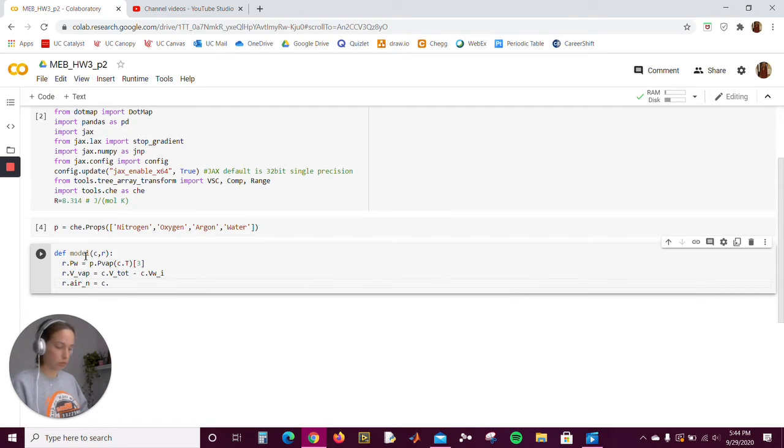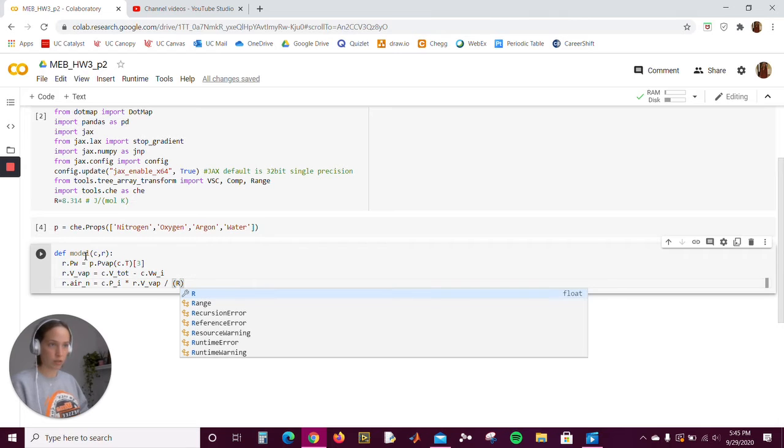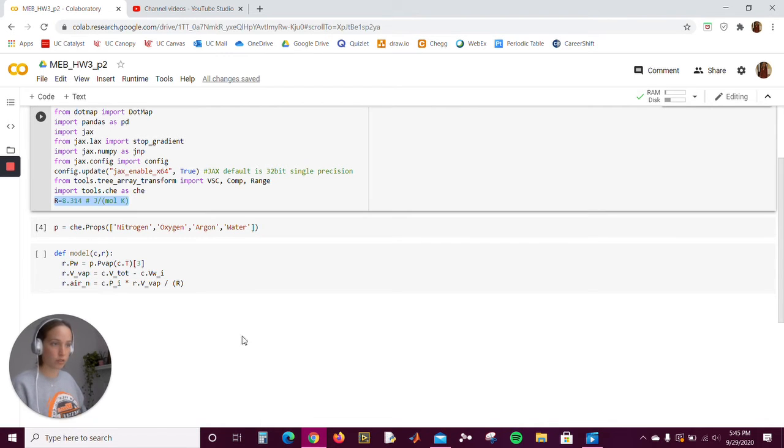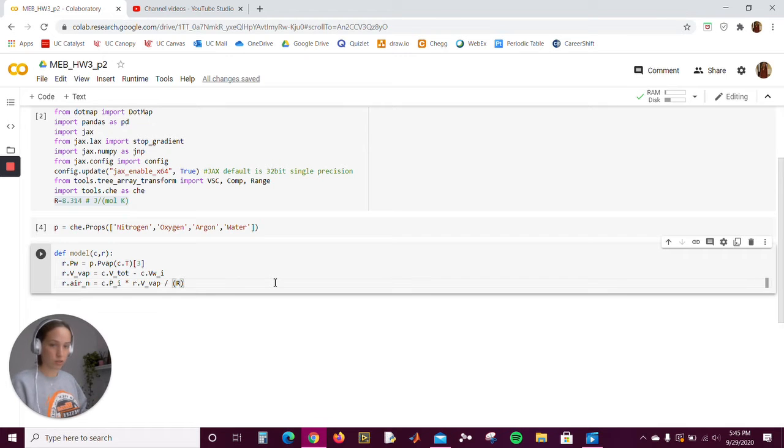It is going to be equal to the pressure times volume of the vapor phase divided by gas constant, which we defined up here, I forgot to mention, gas constant times temperature.